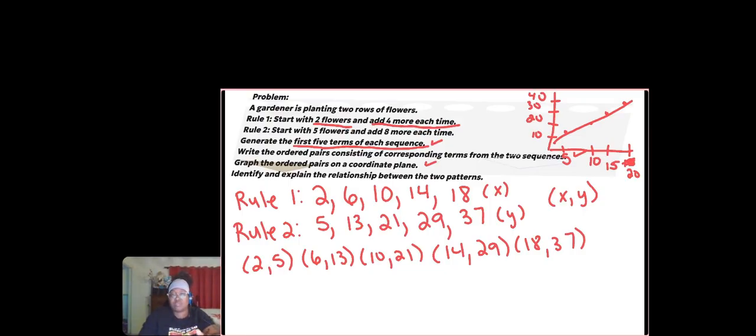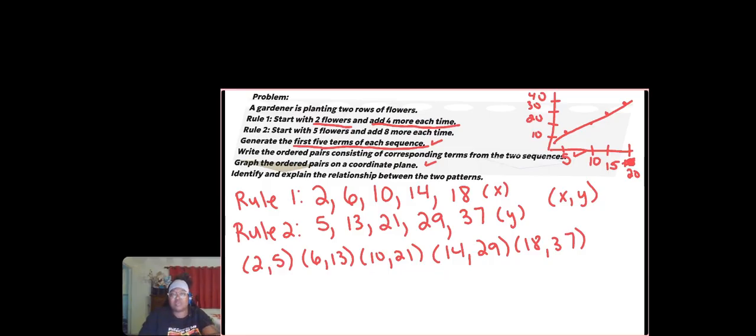So we don't know exactly everything, but we do know that a gardener is planting 2 rows of flowers. So this would let us know that as they are planting this row of flowers, this row of flowers is also being planted, and there's this increase of flowers, which makes sense because as you're planting the rows of flowers for rule 2, you're also planting the rows of flowers for rule 1.